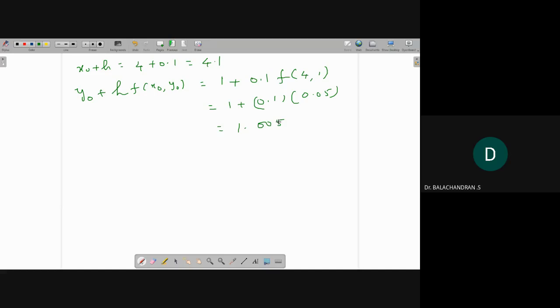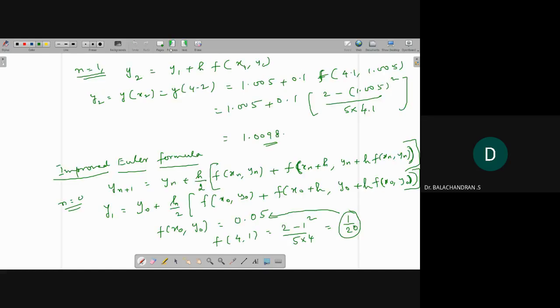Now you should use these results in the previous formula.